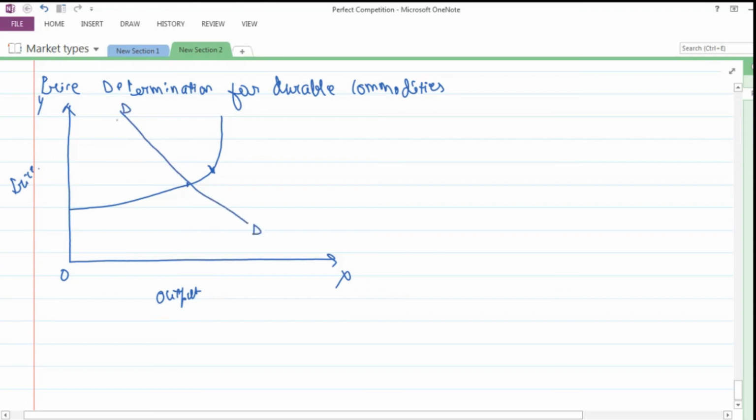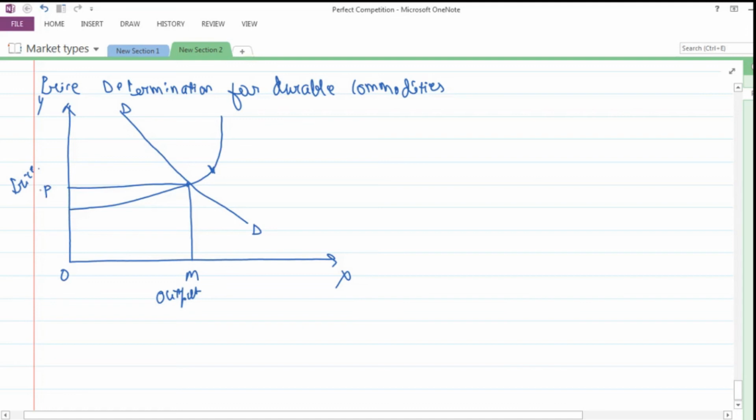Okay, if the firm was working at DD, then what happens is the price which is determined at DD is this much and the quantity which is supplied is this much. तो यहाँ पे M quantity और P price के ऊपर goods को supply किया जा रहा है.